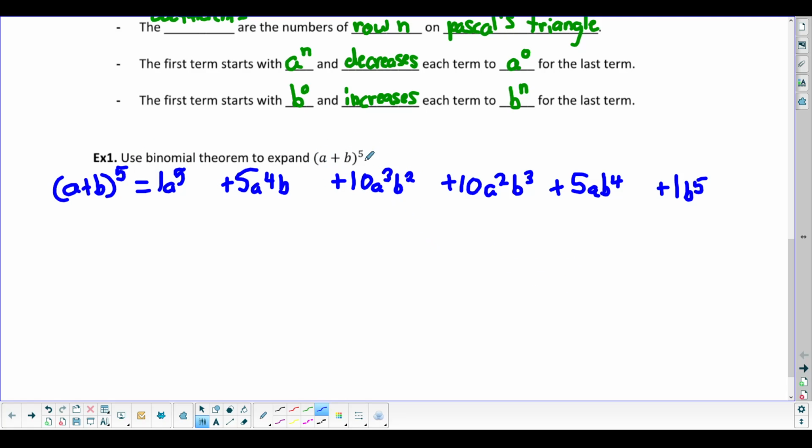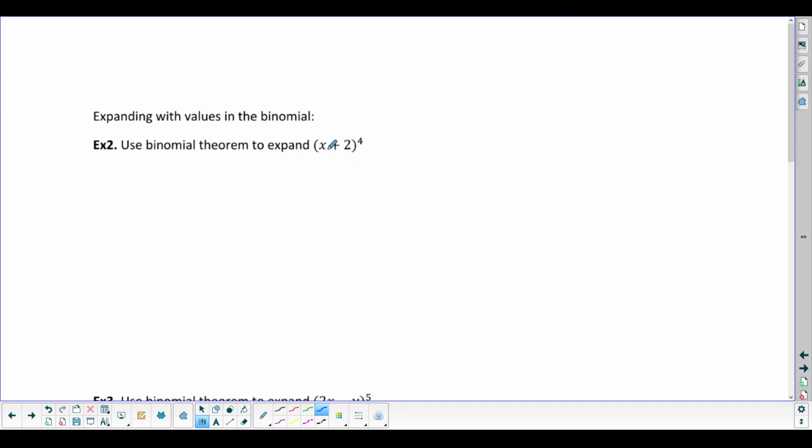Now, we don't always just have a's and b's. Sometimes we have other things we want to expand. Any binomial we can use binomial theorem with. So let's look at some examples and maybe a strategy for expanding those. So here we have x plus 2 to the power of 4. So we're going to start by just saying let a be the first term, x, and b equal 2.